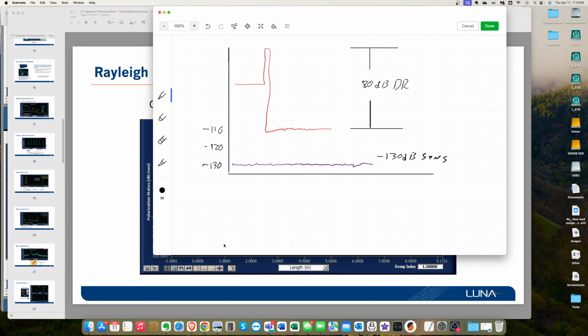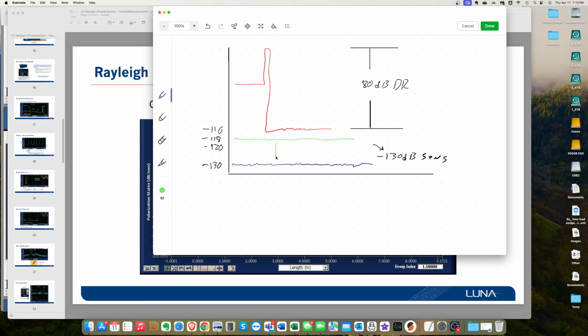I apologize for my bad drawing here, but to illustrate the point, our sensitivity is minus 130, which means the sensitivity of the instrument is down around here. Typical backscatter for SMF-28 is minus 118, I believe. That means standard fiber is going to be here.